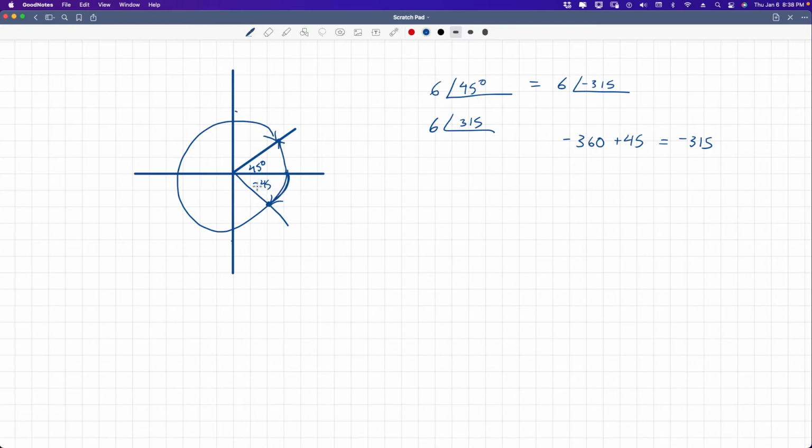So that is the reason there is a difference: it's just easier to memorize. Once you go past the 180 mark in either direction, typically they flip it. So you typically don't see anything past positive 180 or less than negative 180.